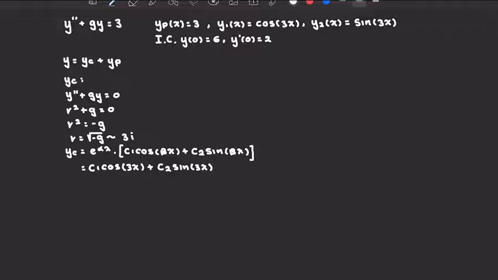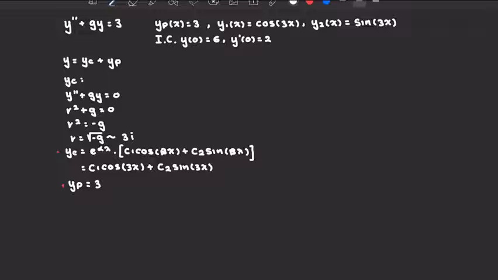And now let's try and find our particular solution. However, notice that we've been given a particular solution up here, and so we don't need to try and find the particular solution again for yp. So yp is just equal to 3, and we've got our yc and yp.